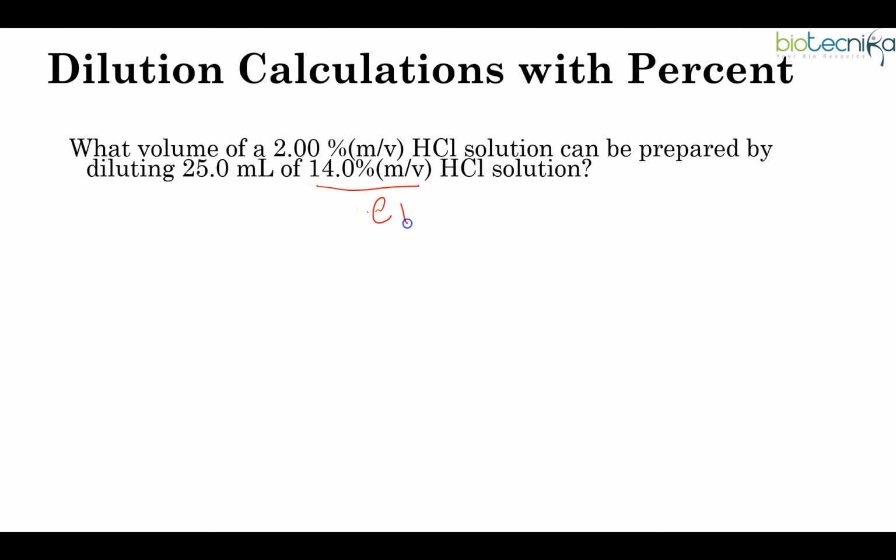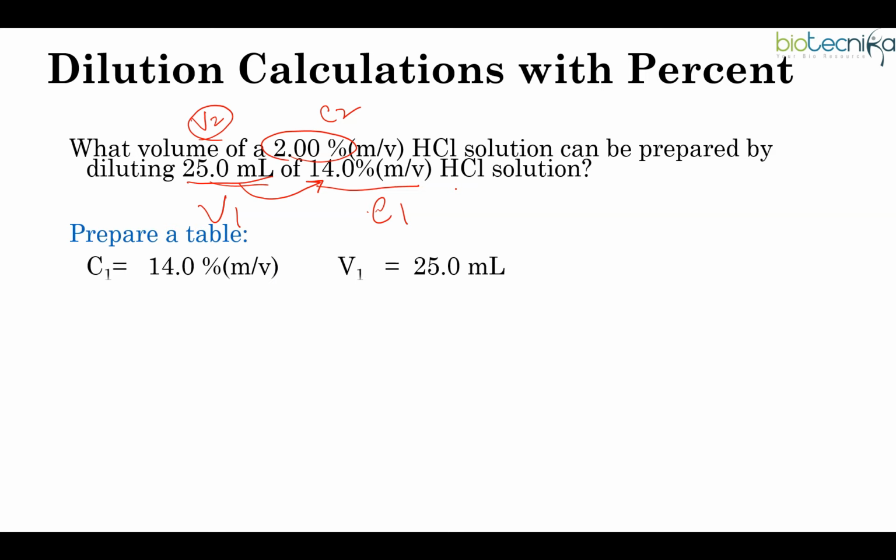That means this is C1, and since the volume is with this concentration, this will be V1. Now the lesser concentration is C2. All you have to find over here is V2. That means how much volume will be prepared if you take 25 ml of this concentrated solution. So first of all, write down what is given.